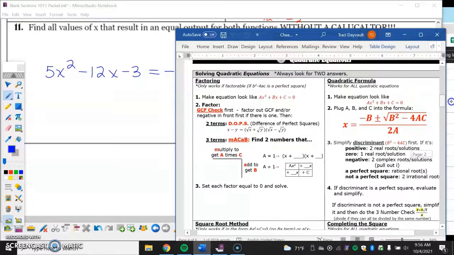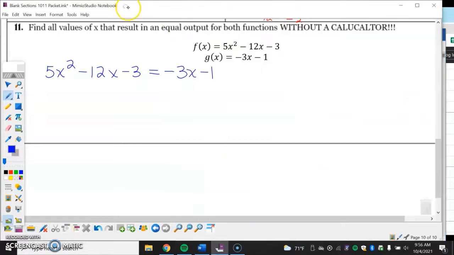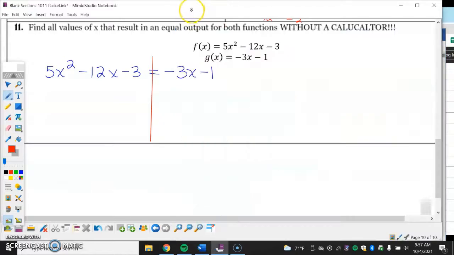We could use any of these methods. I like factoring, as you know, and this can be solved using factoring. In order to solve this using factoring, first of all, I need to make the equation look like this. And how can I do that?